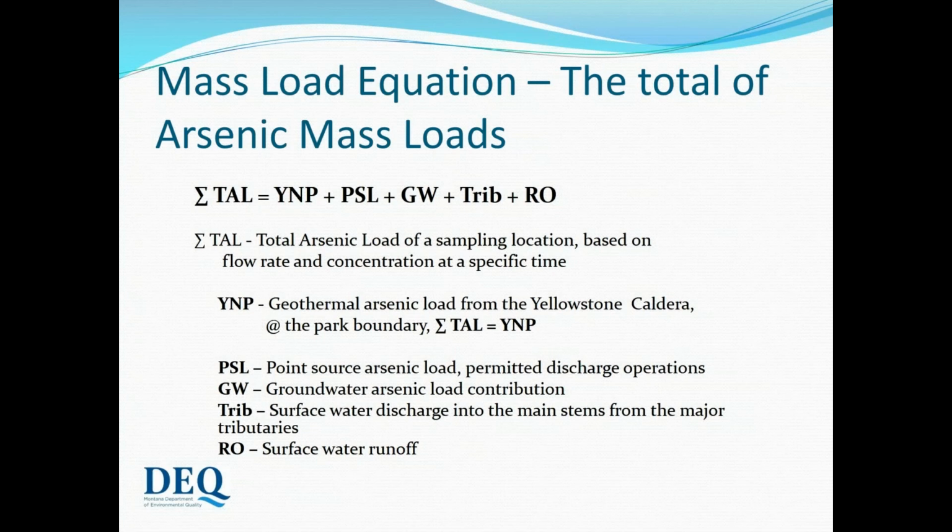That ambient load of arsenic in the Yellowstone River includes the initial load coming from Yellowstone National Park, any point source loads, and we went over that, permitted or non-permitted, groundwater contribution, which also has an anthropogenic and non-anthropogenic input. Tributary also has non-anthropogenic and anthropogenic, and then runoff, which also has a non-anthropogenic and anthropogenic component. And that is the total arsenic load in the Yellowstone River.